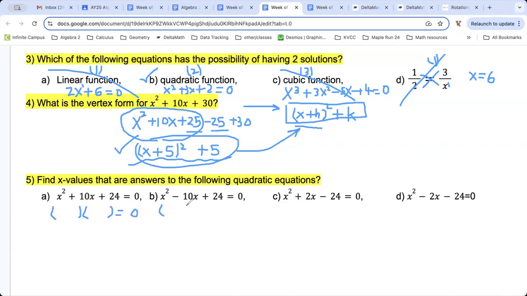And sometimes if it cannot be factored, then you will have to use the quadratic formula, or you can write it into vertex form. But for preparing for this quiz, the problems you're going to run into in the quiz will be factorable. Okay, so we're making it pretty straightforward.